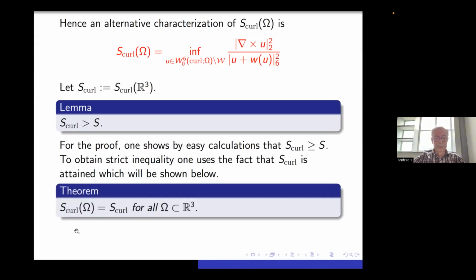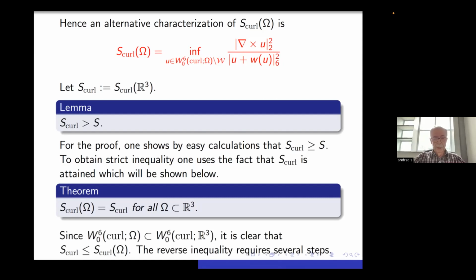Now there is a theorem saying that S curl of omega is equal to S curl for all smooth omega contained in R3. So S curl is independent of omega.